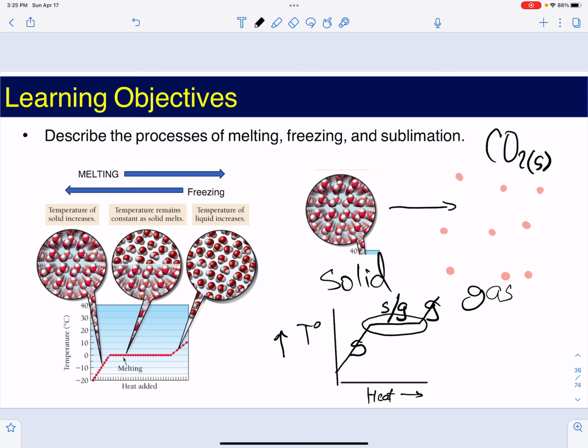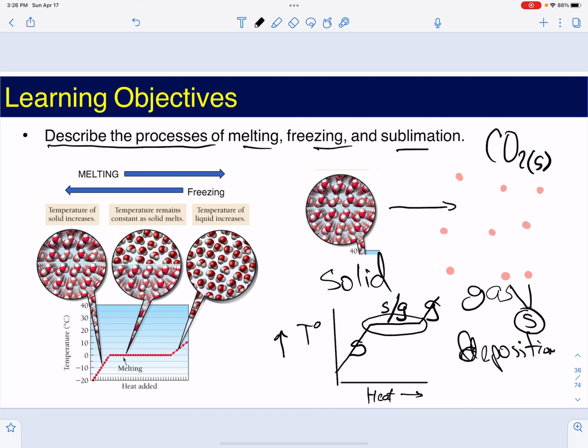And the opposite of sublimation, by the way, is called deposition, when gas particles come together to make a solid.